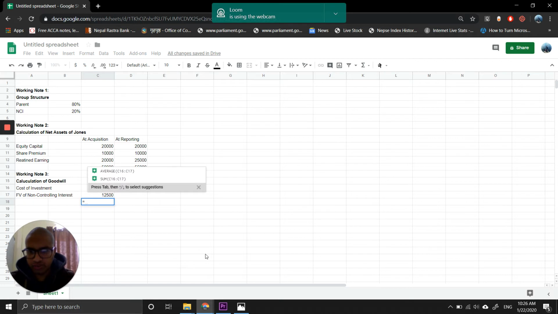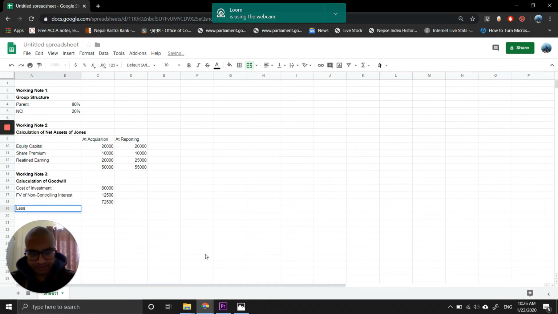So let's add these figures up, and then we shall deduct net assets at acquisition. Net assets at acquisition is this particular figure, 20,000, right?